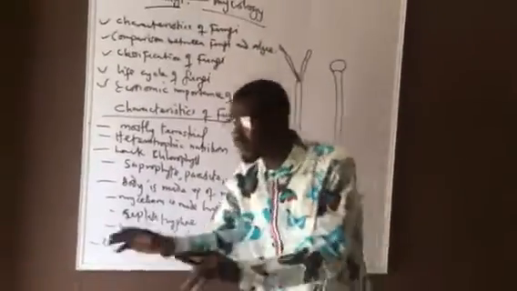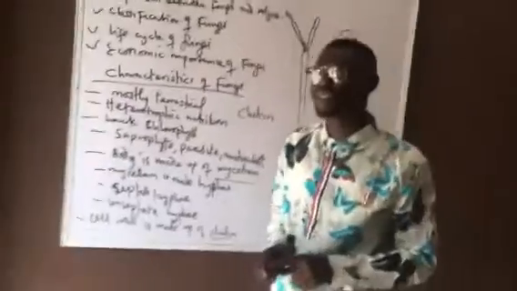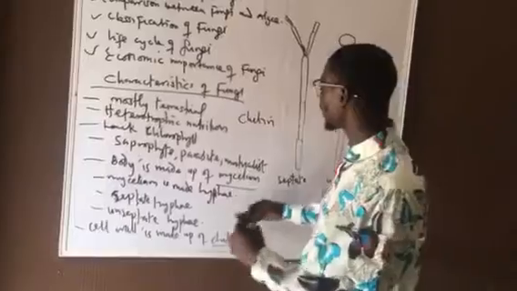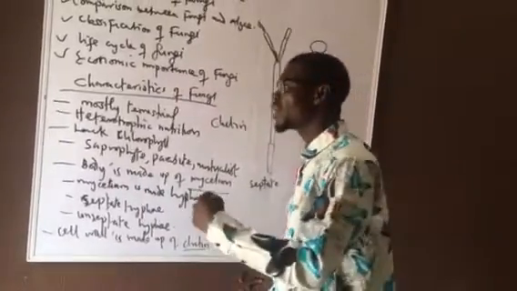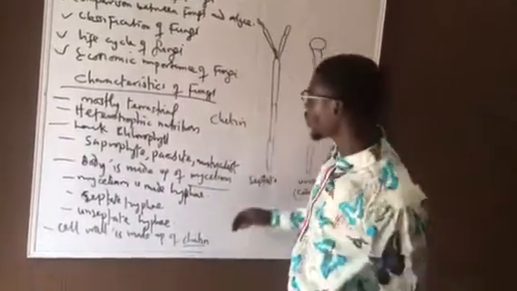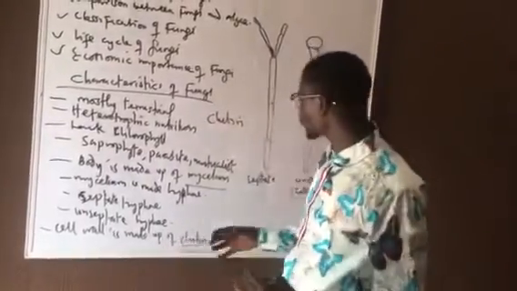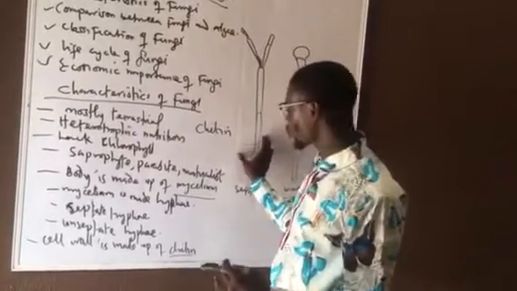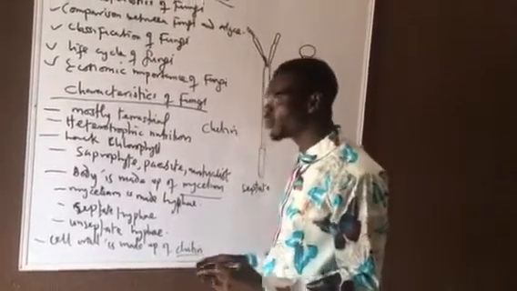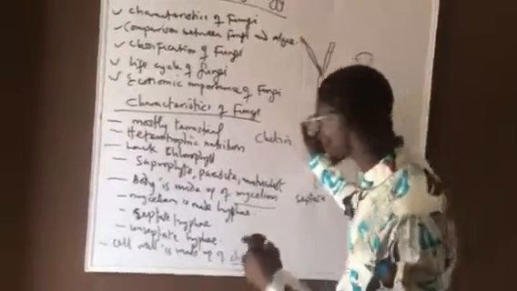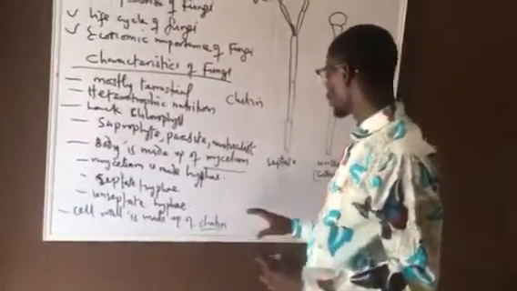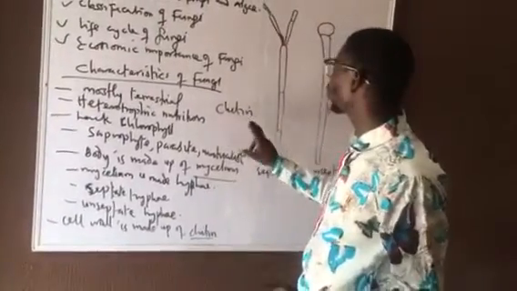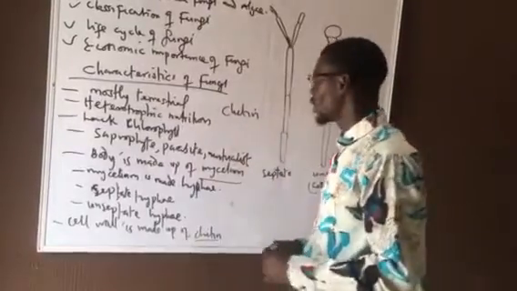It's a nitrogen-containing homopolysaccharide, similar to the one found in arthropods. It provides tensile strength to the wall of the hyphae of the fungi. That is the work of chitin.